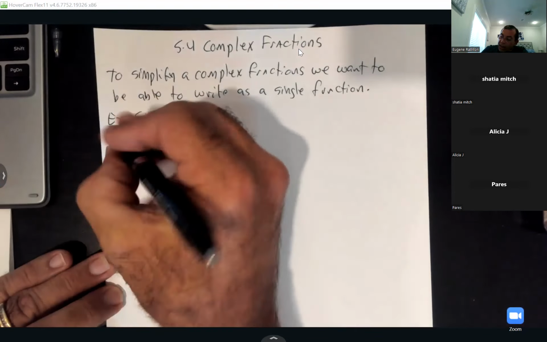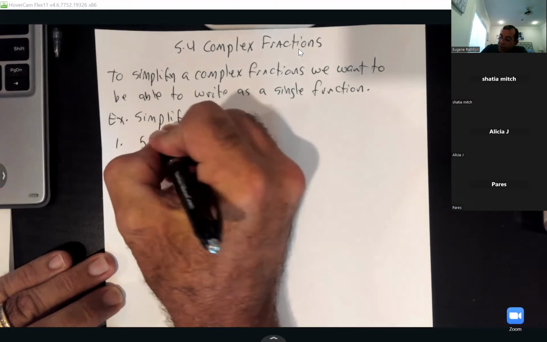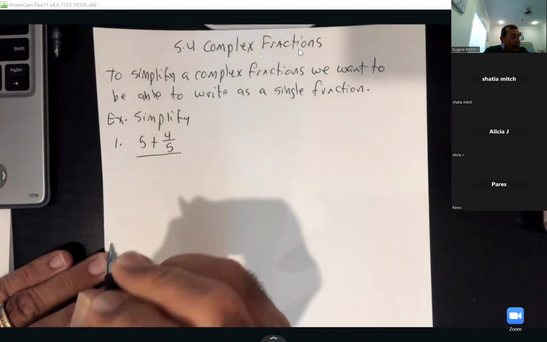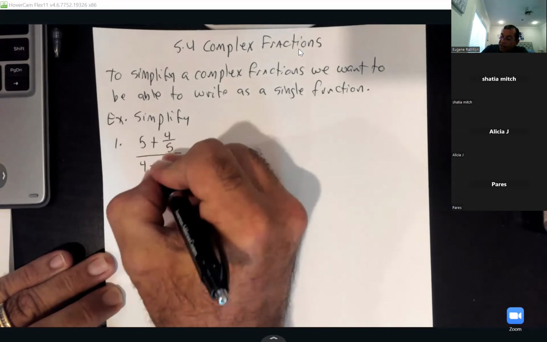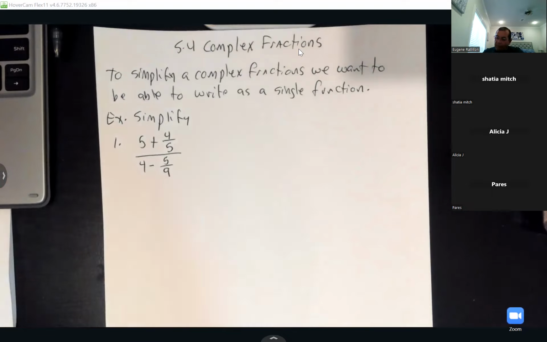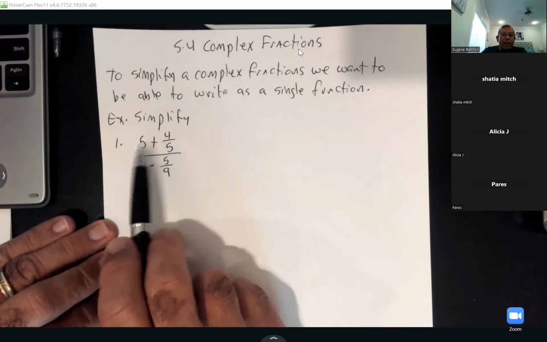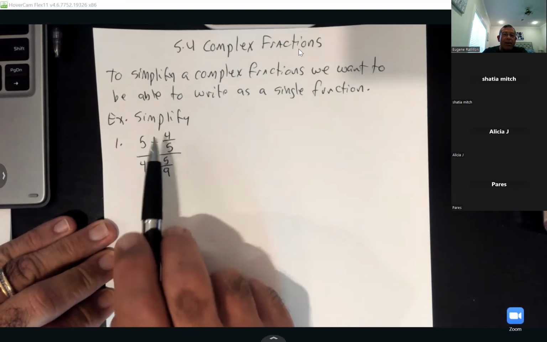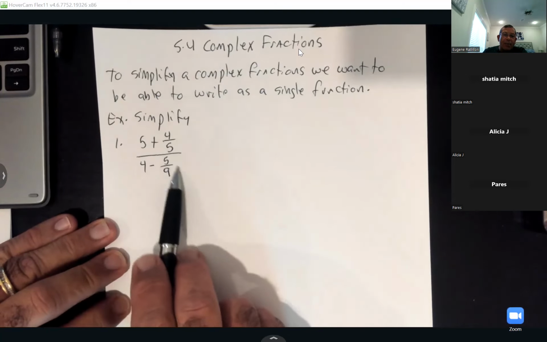So y'all, number one has 5 plus 4/5 all divided by 4 minus 5/9. So notice I got a fraction in the numerator and a fraction in that denominator.